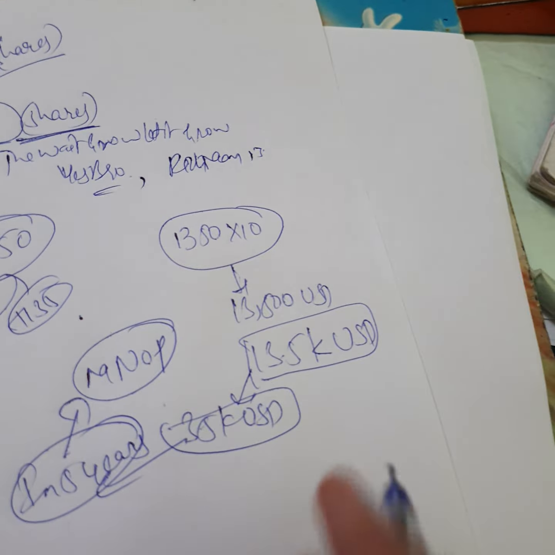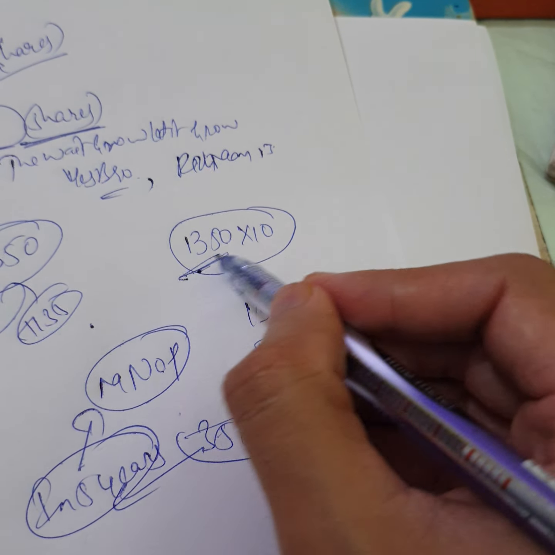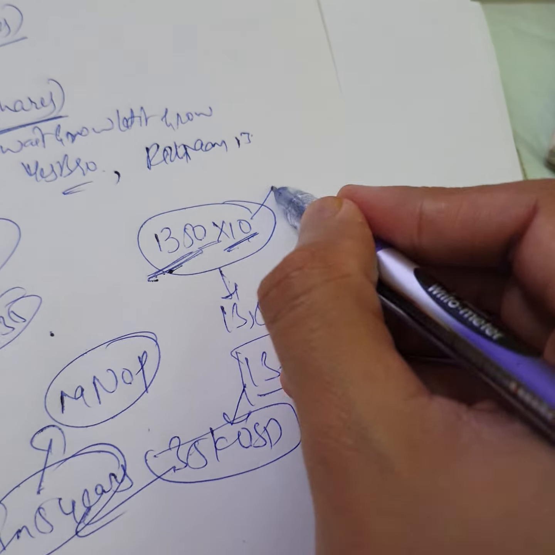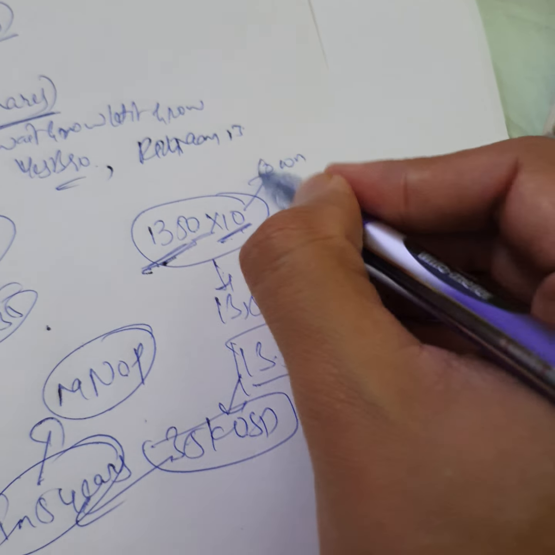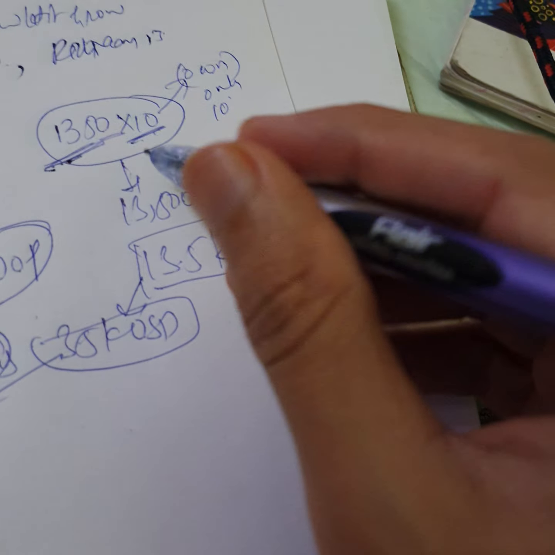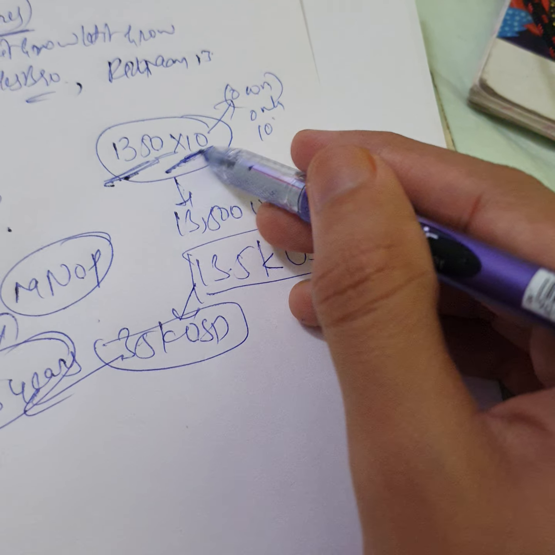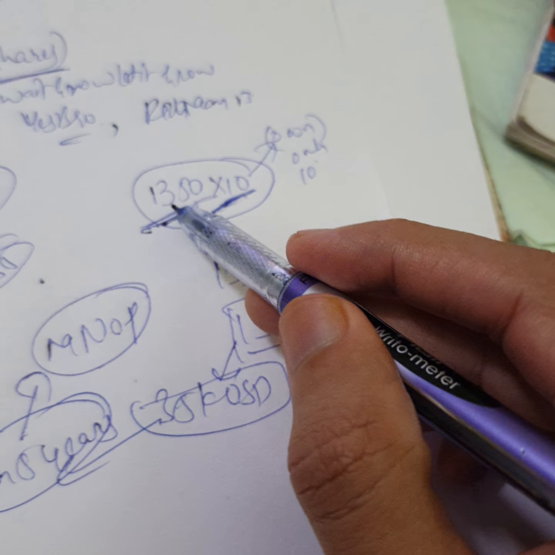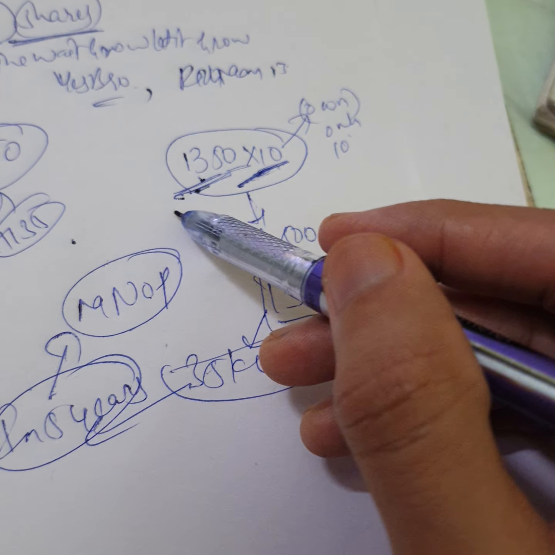This M, N, O, P, in 5 years 13,500, but they only own 10 shares, only 10 shares, because you are not a rich man, your salary is capped, purposefully it is capped. You only invest in these 10 shares, and the price of each has gone from 350.